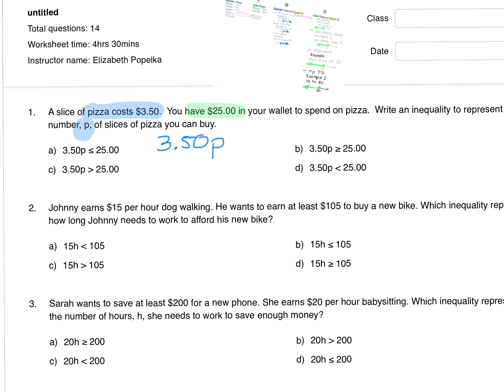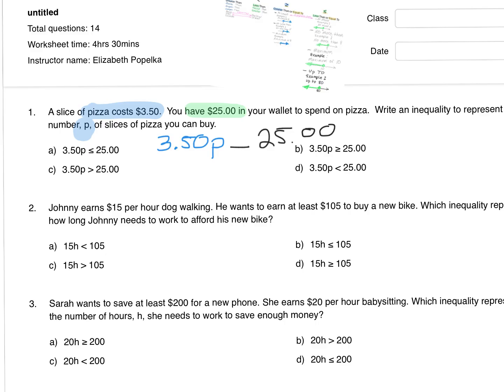So if you have $25, that is the most you can spend because that's all you have to spend on pizza. So that means for the inequality, you could spend exactly equal to $25.